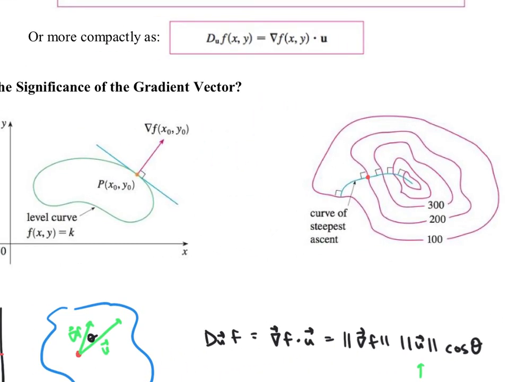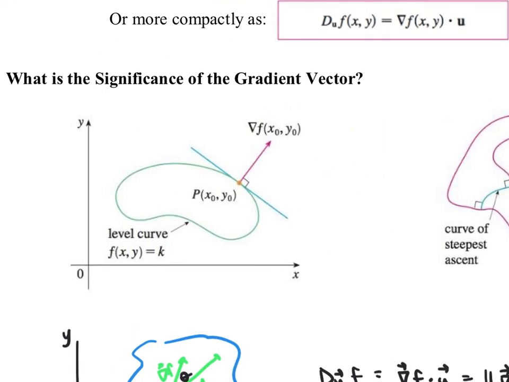Now keep in mind that, when you look at a level curve of a surface, that level curve could be written in increments of 100, it could be written in increments of 20, or whatever the case is. We could have multiple increments, and so we really need to analyze that at every single point on a particular surface. But if you're analyzing a single point on a level curve, the gradient will be perpendicular at that particular moment.